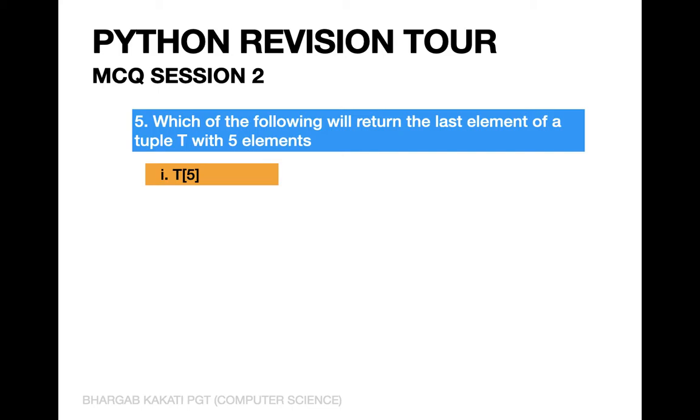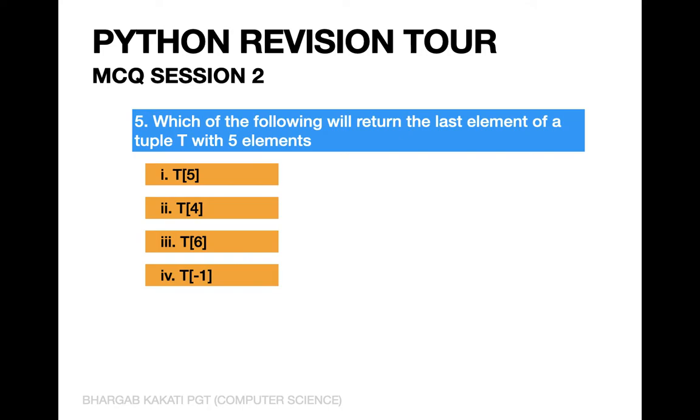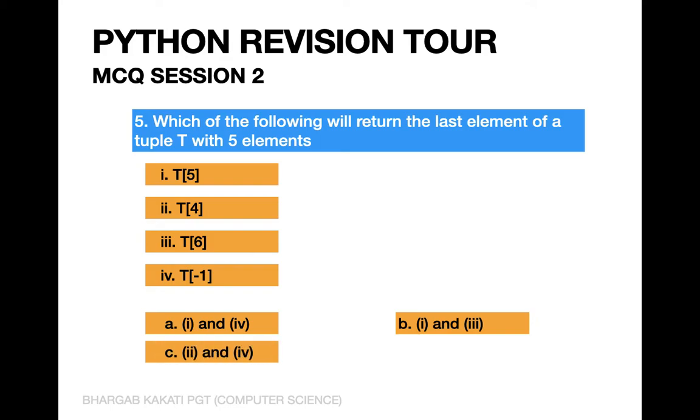Now you have to choose which command out of the following options will return the last element of the tuple T. So T5, T4, T6 and T minus 1. And the options are number A 1 and 4, number B 1 and 3, number C 2 and 4, and number D 2 and 3. Guess yourself, and the correct option is option C, 2 and 4.